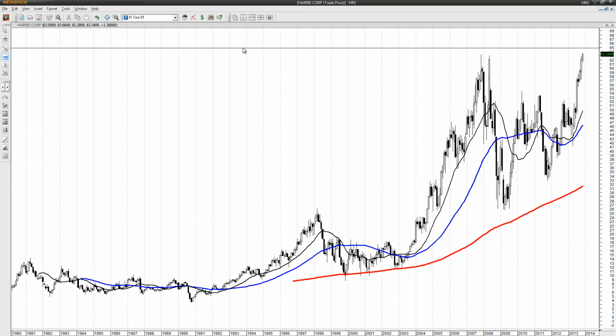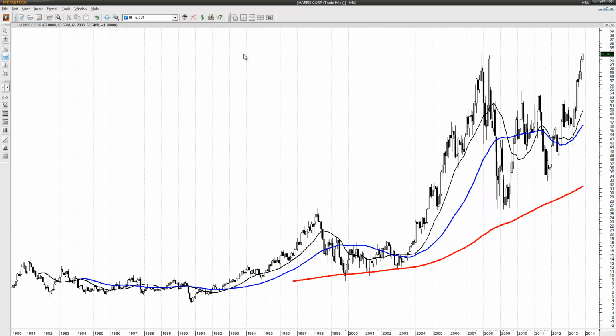Next chart, Harris. This is the one that actually is still exactly on the resistance line. I have 63.24, and that's actually almost on the line, so I will put in a limit order right on the opening for the opening price of 63.34.